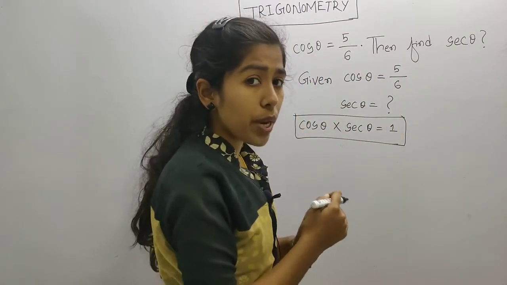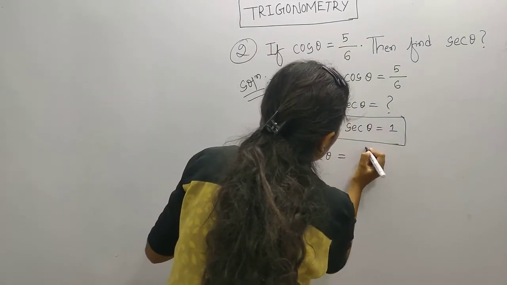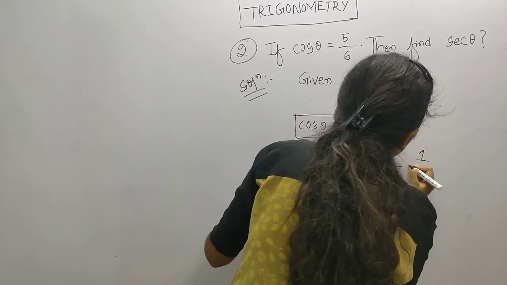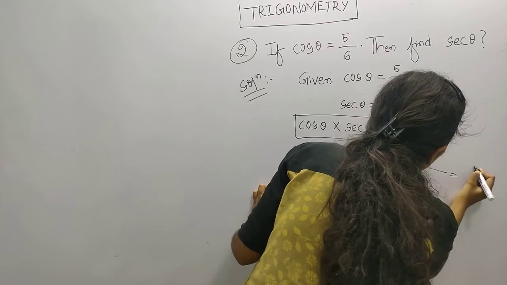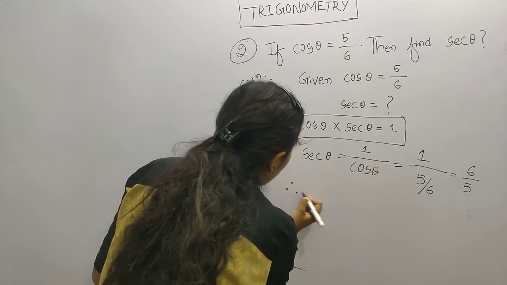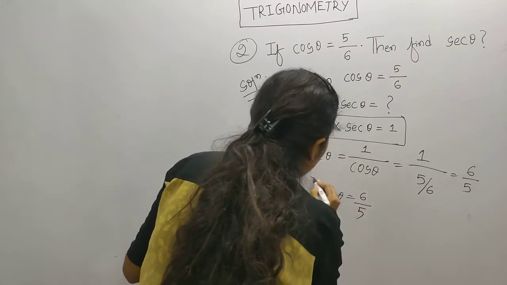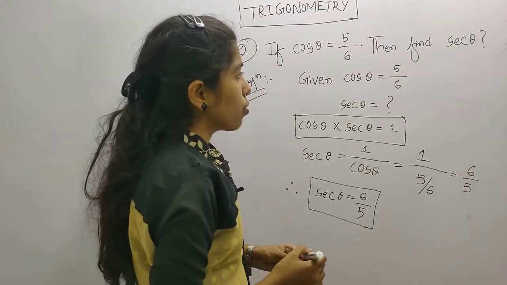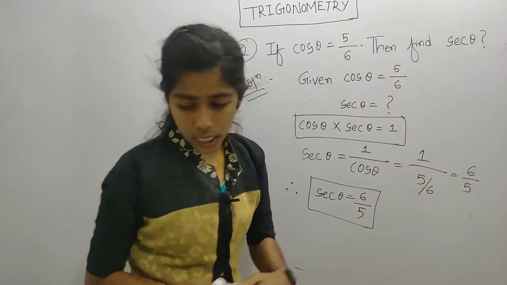Then what we have to bring? Sec theta. So sec theta equals to 1 by cos theta equals to 1 by, what is cos theta? 5 by 6. So it will become 6 by 5. Then what we have to write? Therefore sec theta equals to 6 by 5. Over. So like this we can find the reciprocals. Then we will move to next triangles.